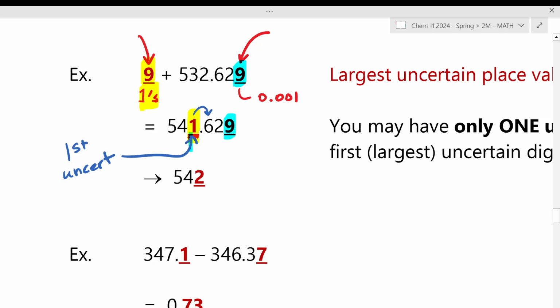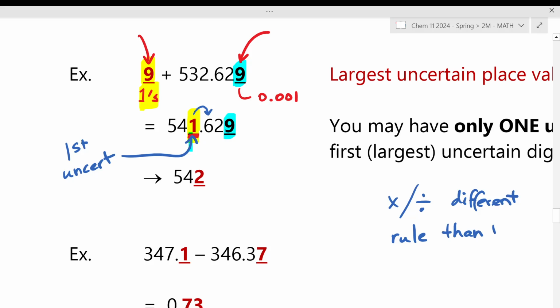How do we feel? Do we want more examples or are we good? One thing I need to point out to you here, the number of sig figs can change when you add and subtract. Okay, this is going to become important because when you do the multiplying and dividing rule, which you'll learn over the weekend, when we multiply and divide, it has a different rule than adding and subtracting. And we do a lot more multiplying and dividing than we do adding and subtracting.